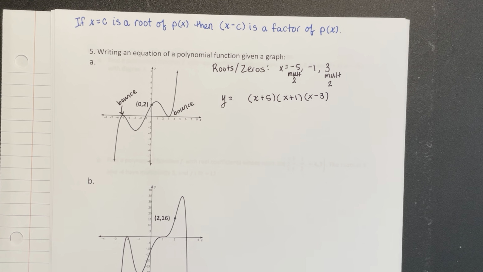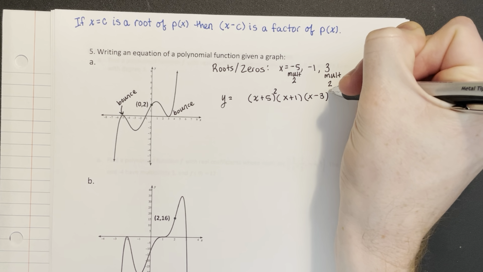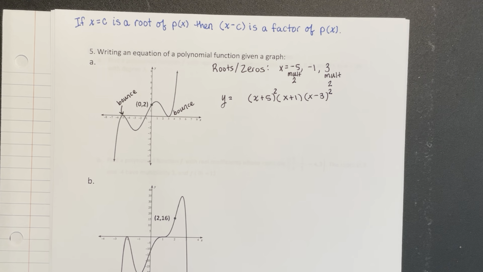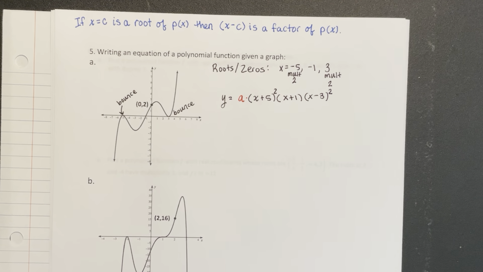Because there are multiplicities, we have to include those. So it's x plus 5 squared, x minus 3 squared. And there could also be some type of vertical stretch or vertical shrink that's going on. So we're going to put that little a in front so that it is the scalar of whatever factor that might be.